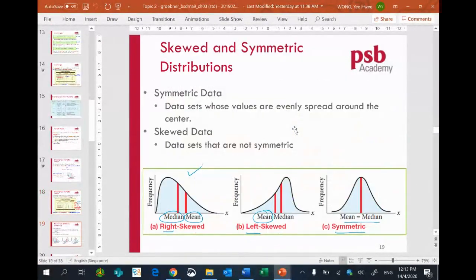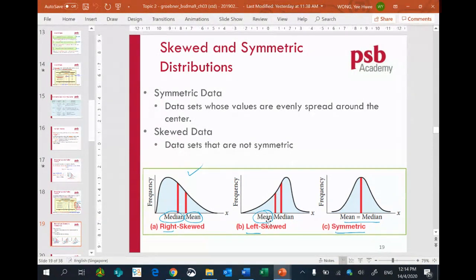To explain this, where you have three types of graphs, without drawing the graphs, you know what the shape is by just analyzing the two figures here, mean and median. So if mean is bigger than the median, then you expect there are some bigger values in the data set that drag the mean towards the higher side.